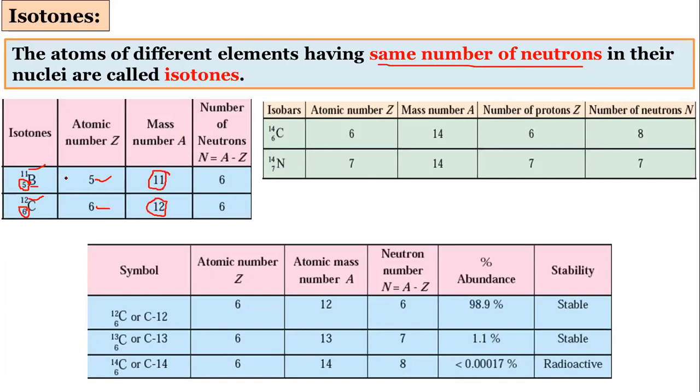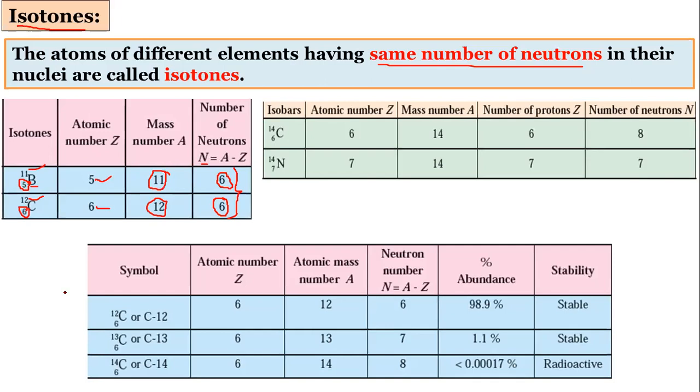So we have to calculate the neutrons by using this formula: neutrons is equal to A minus Z. So we can see here 6 neutrons are present in boron and 6 neutrons are present in carbon. Both the elements have the same number of neutrons. Such types of species are called isotones.